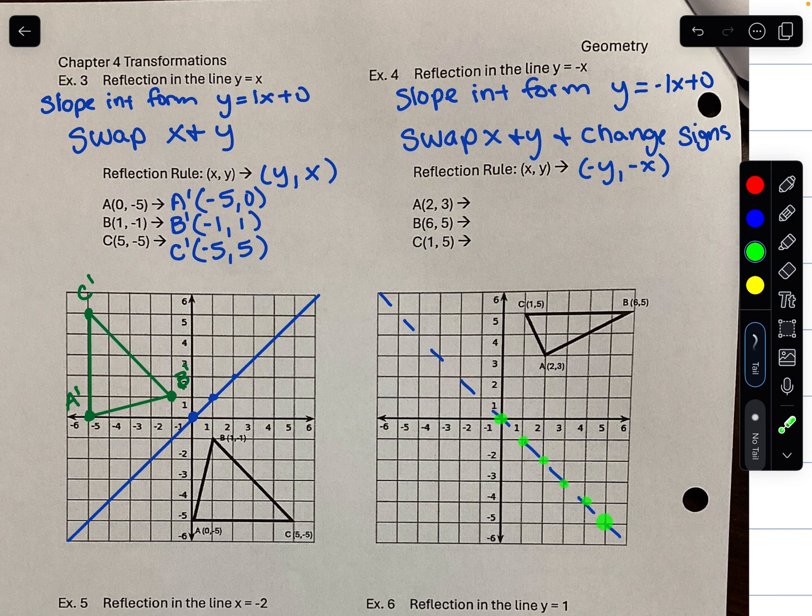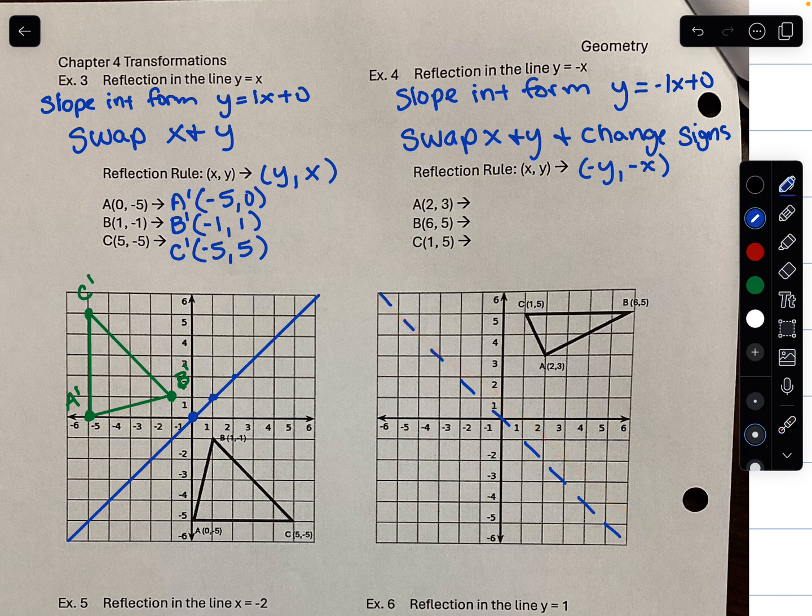Is that what you were asking? Yeah. Okay. Sorry. I just didn't put those because I know what the line looks like. But yes, you could start at 0 and then go down 1, right 1, down 1, right 1, all the way down. In all reality, you guys, this part doesn't really matter to me. You don't have to draw that in every time. I'm just showing you because sometimes it's easier. When I have this picture, it's easy now to see the reflection across. Agree? That's the only reason I'm drawing that in for you.